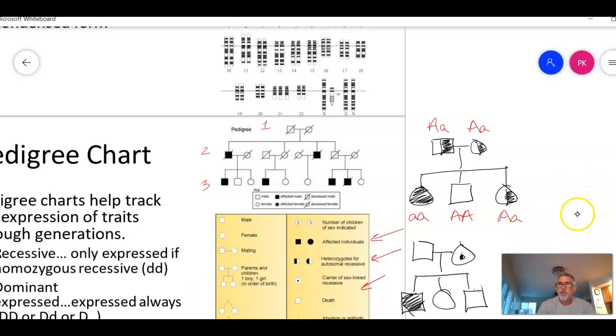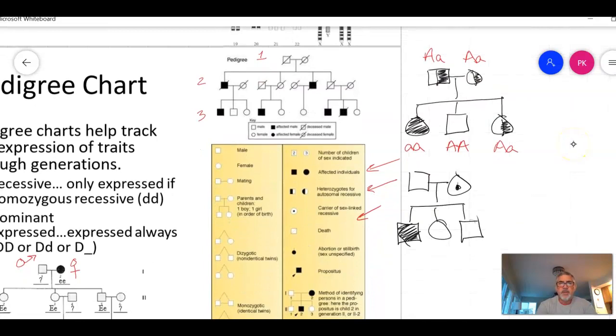Sex-linked diseases, we'll talk about later, usually are on the X chromosome. So this person over here is XY. This person over here has a recessive disease for color blindness. This person over here gets a color blindness gene from the mother.